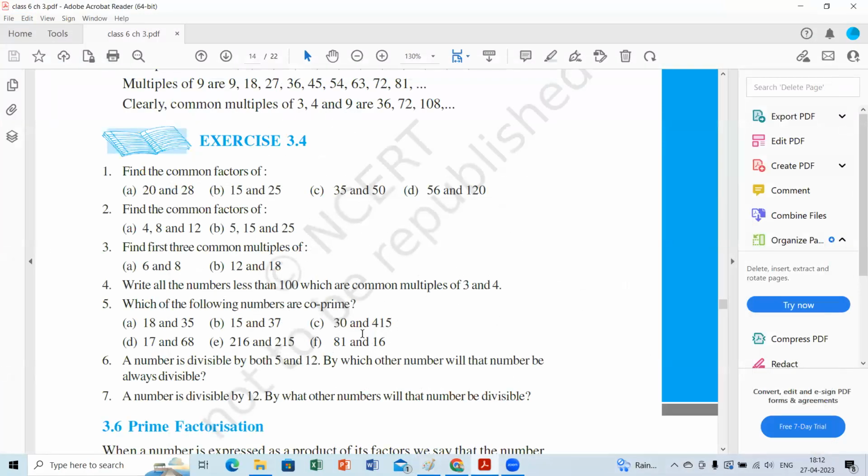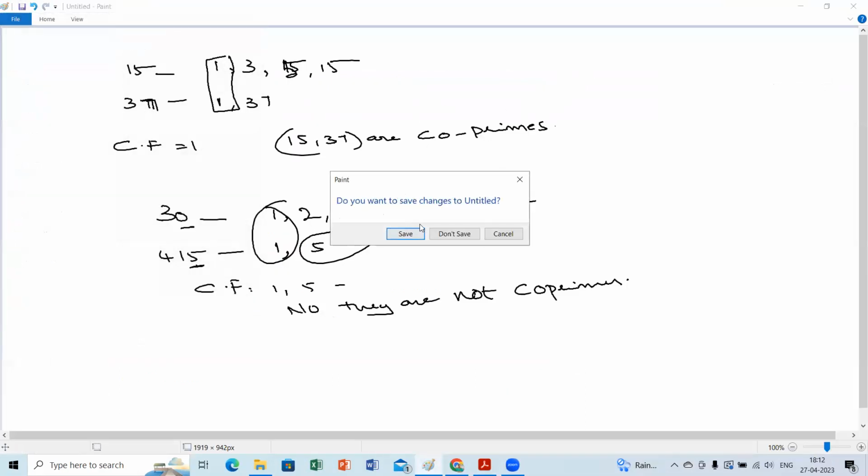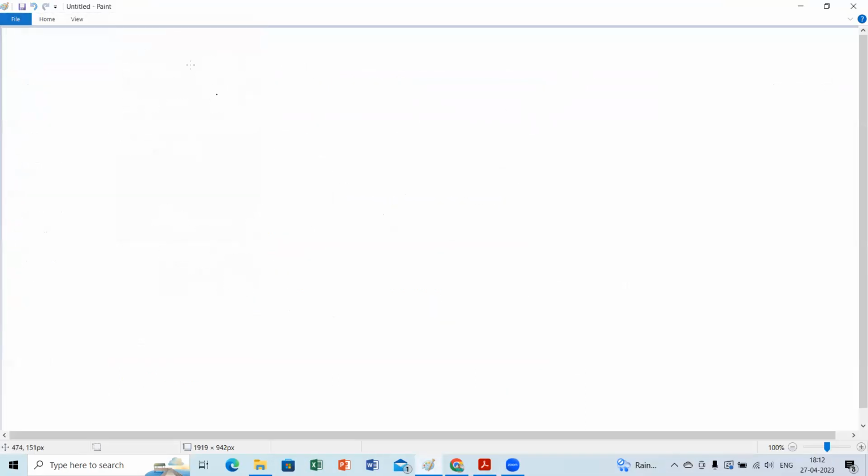Now next question, Ashwath, 17 and 68. Ma'am, 1 and 17. Why? Because it is a prime number, only 2 factors.